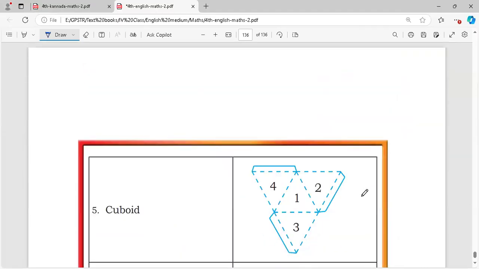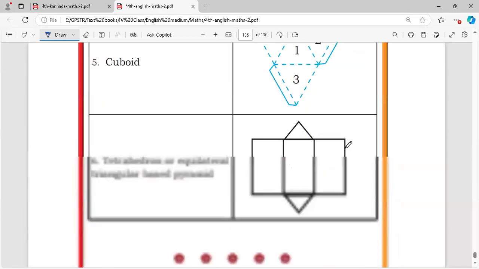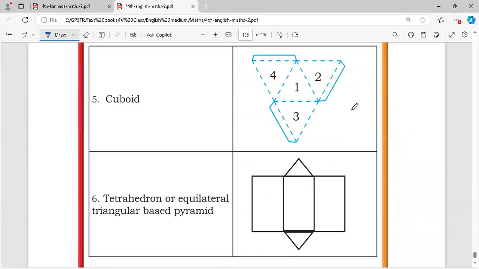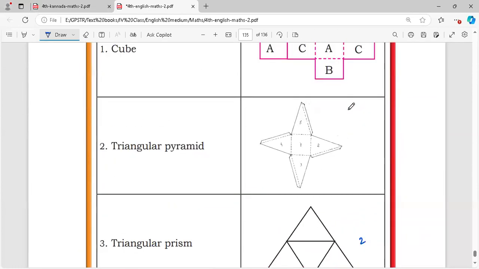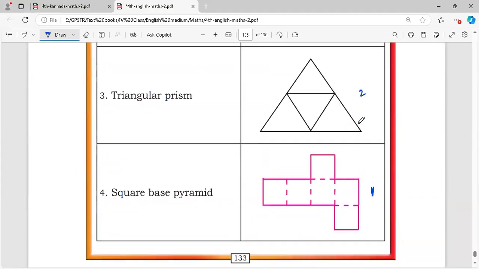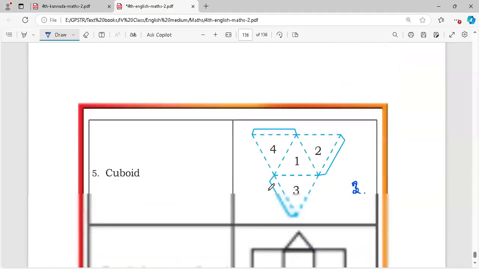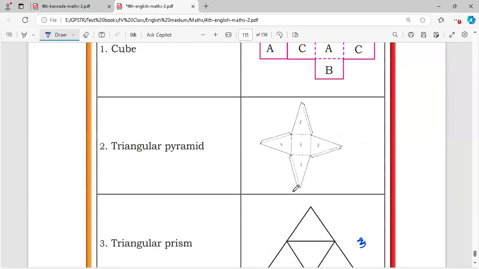This is a triangular pyramid. Triangular pyramid 2. Triangular prism, right? Square base pyramid. This is a square base pyramid.